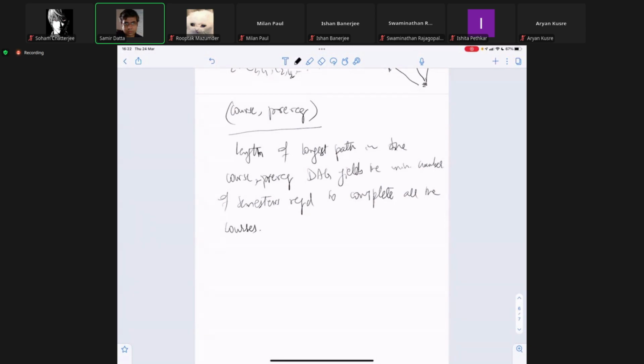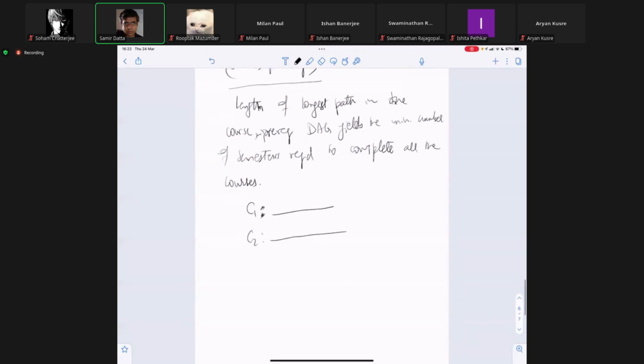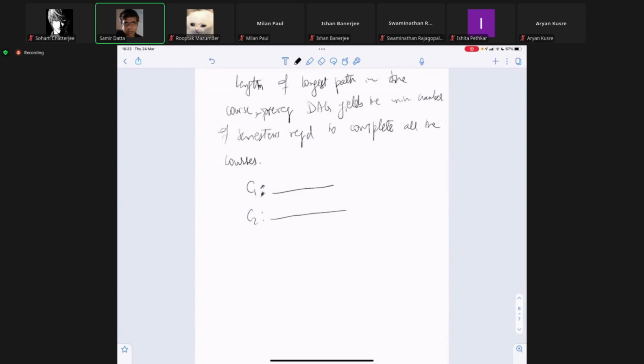So suppose you have C1 that has some prerequisites, C2 that has an adjacency list of prerequisites, the out adjacency list, and so on. And you want to compute when you can first take a course. You can take a course when all its prerequisites have been completed.